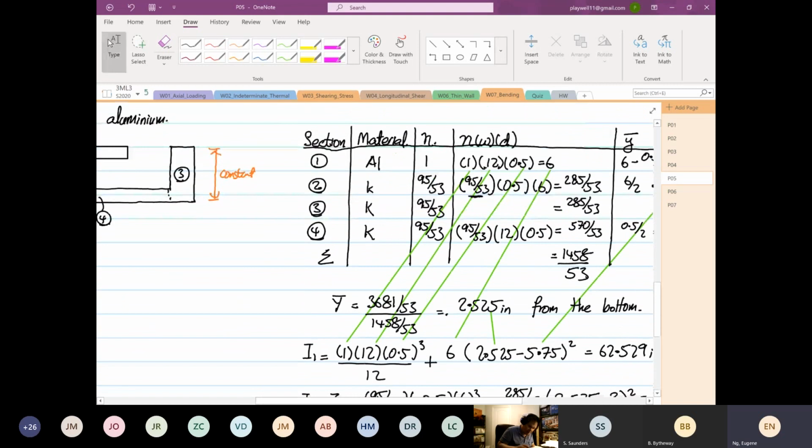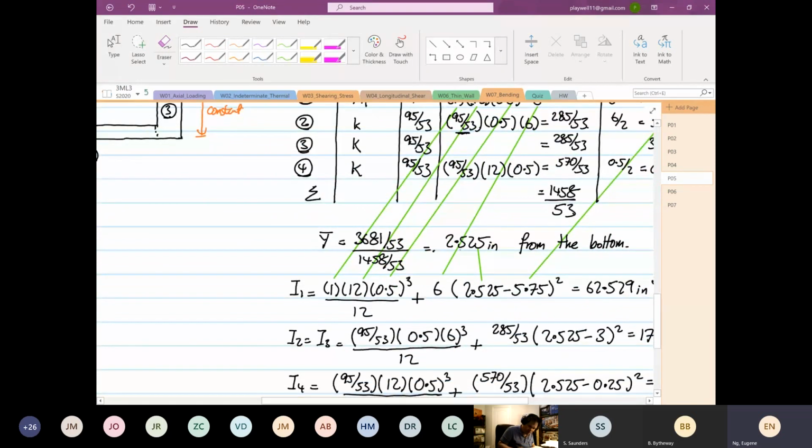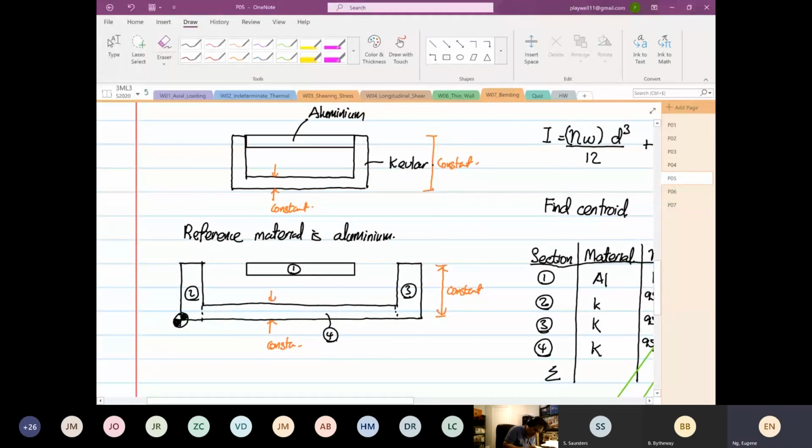So Y, right? By looking at the aluminum, we know that from the bottom is 2.525. So from here to here, this distance is 2.525.